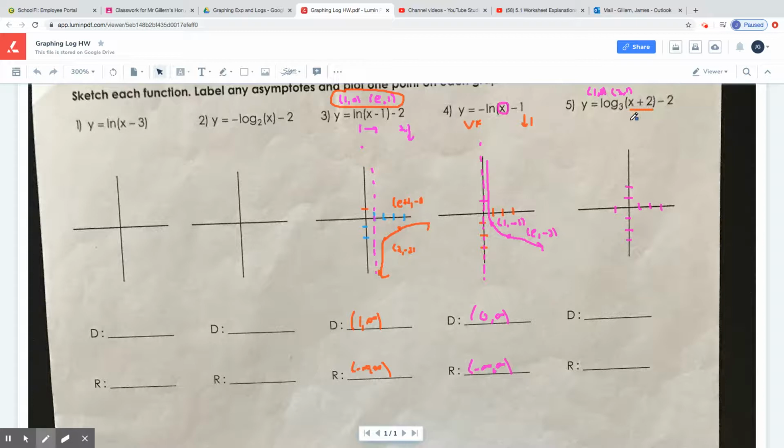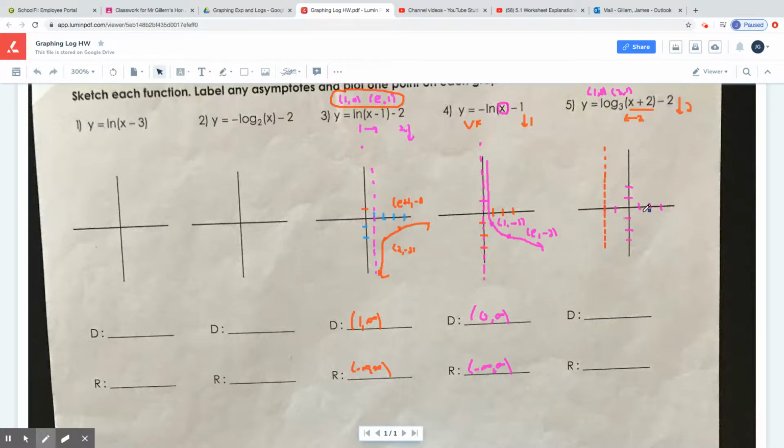That's -2. So we're going to move to the left 2, and we are moving down 2. There's no flipping at all. So this right here tells me I have to move my vertical asymptote. It was at 0. We're going to slide it to the left 2, and that's going to make it a vertical asymptote at x equals -2.